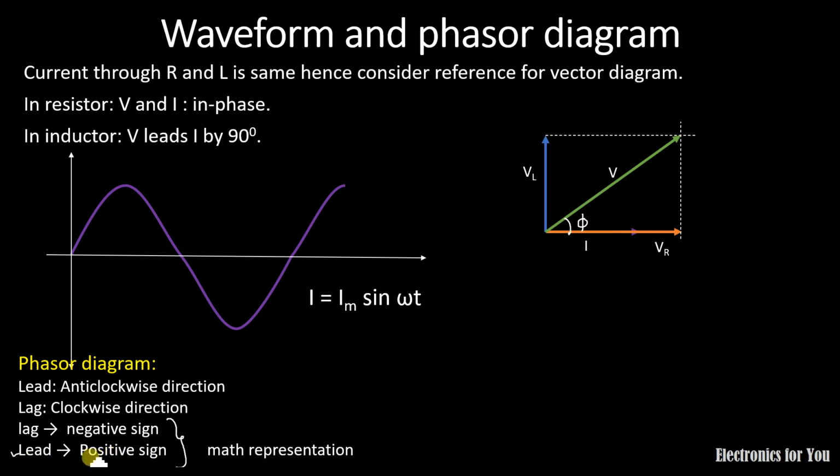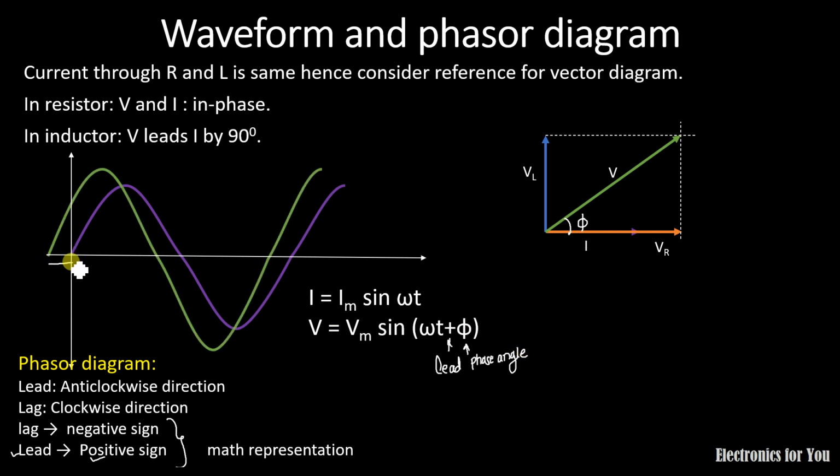So the voltage equation is V equals Vm sin(omega t plus phi). The plus indicates that the voltage is leading by the angle phi, which is the phase angle. So the voltage waveform will look like this, leading the current by an angle phi, meaning it achieves its maximum, zero and minimum values before the current.